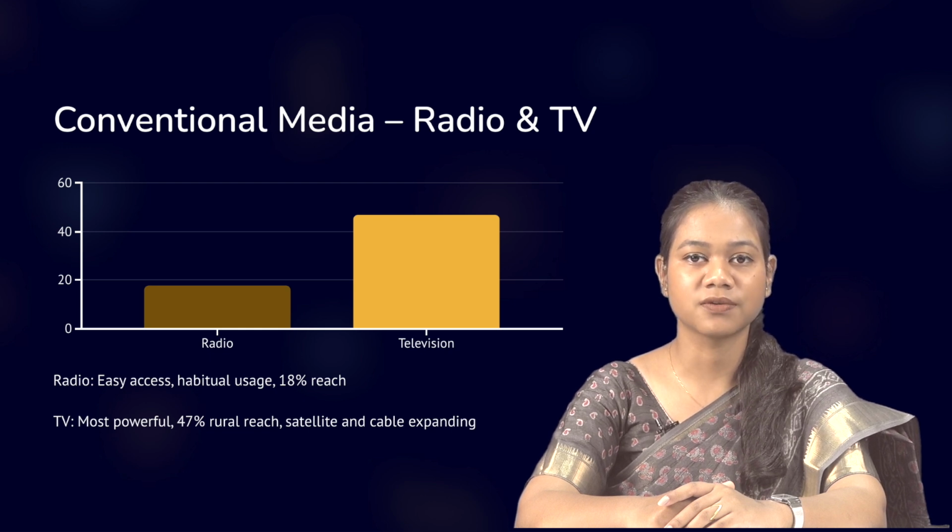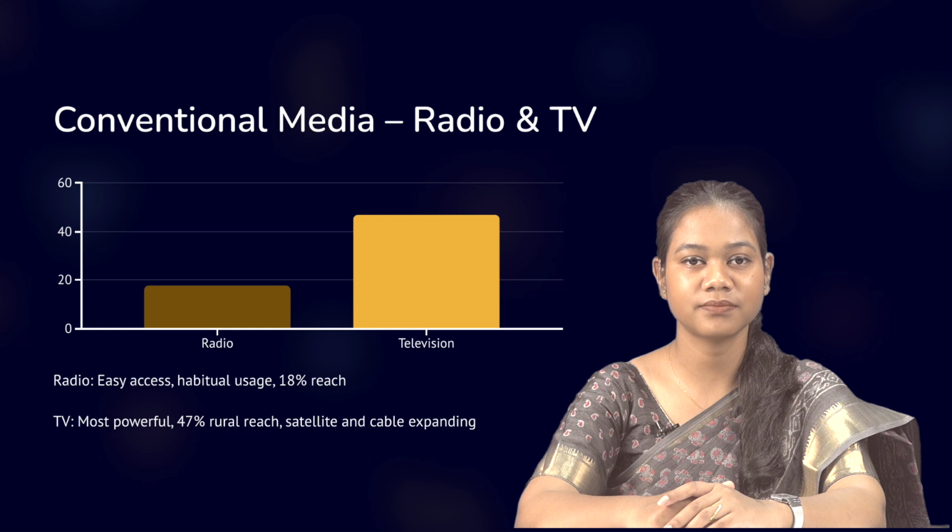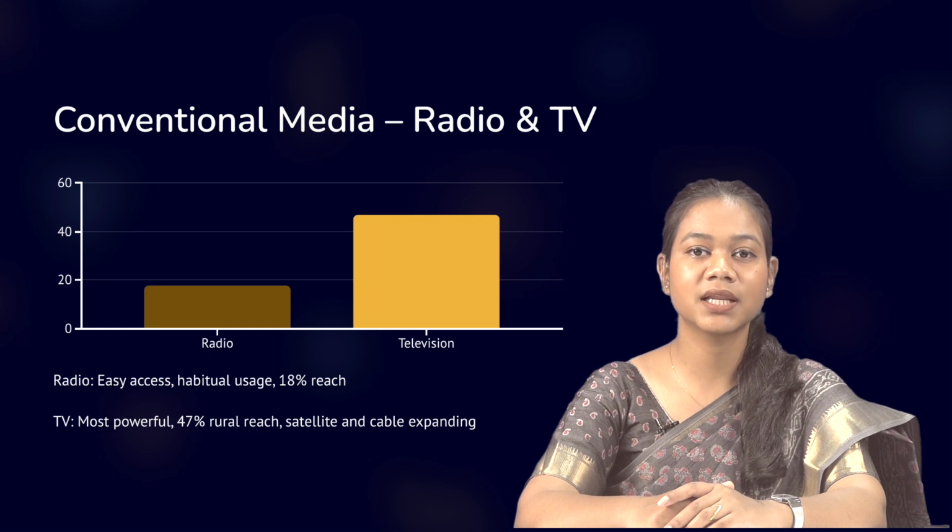Next is television, which is the fastest growing, most powerful and most popular mass media in rural India. With increasing television ownership at around 36% and the significant influx of cable and satellite channels in addition to terrestrial TV, this medium is continually gaining new ground in rural areas.